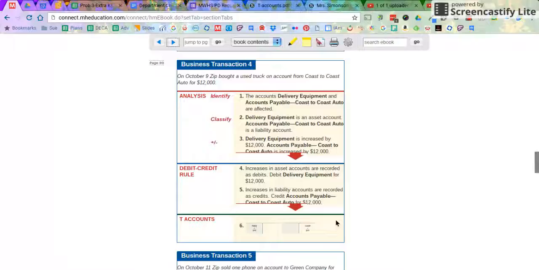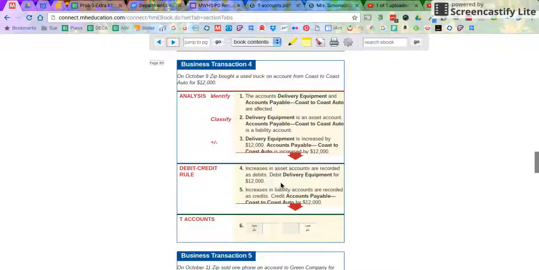Then we bought a truck from Coast to Coast Auto on account for $12,000. Delivery equipment is the asset that the truck is going to go under. Accounts payable from our chart of accounts is the account payable. Delivery equipment is an asset. Accounts payable is a liability. Delivery equipment is being increased, and so is accounts payable.